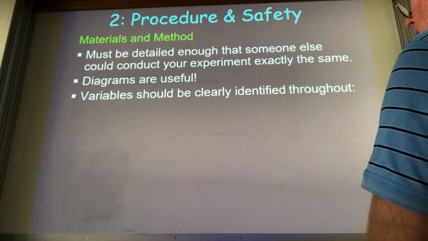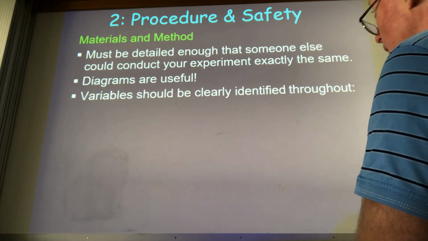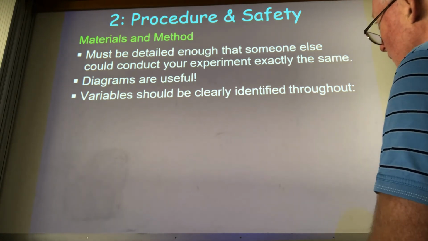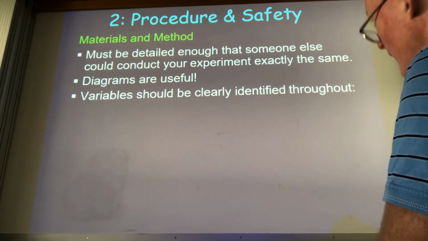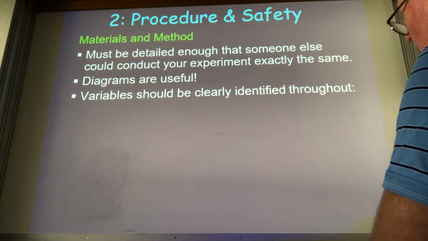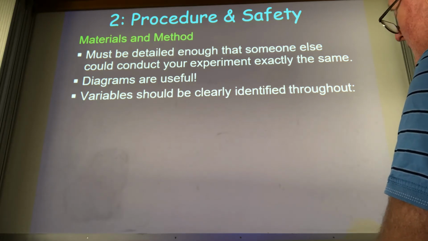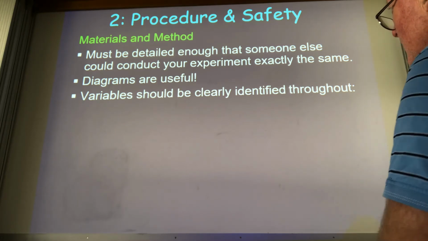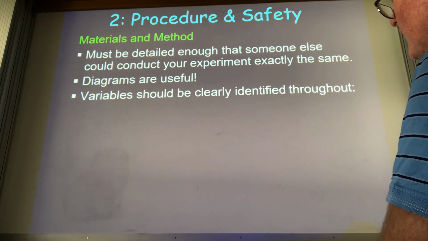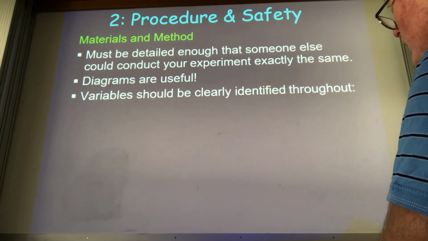Next section is getting a materials and method. Now it's a method list that we need. We don't need an exhaustive list of materials. The method that you give has to make the experiment reproducible.